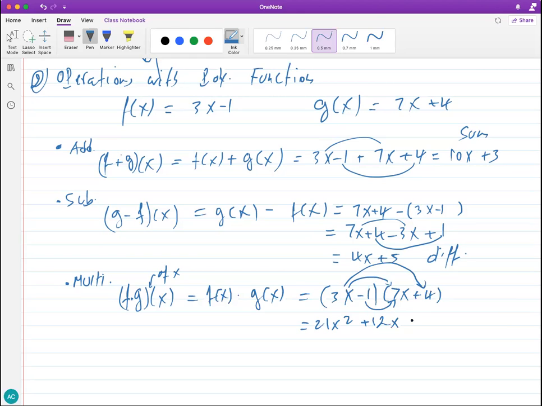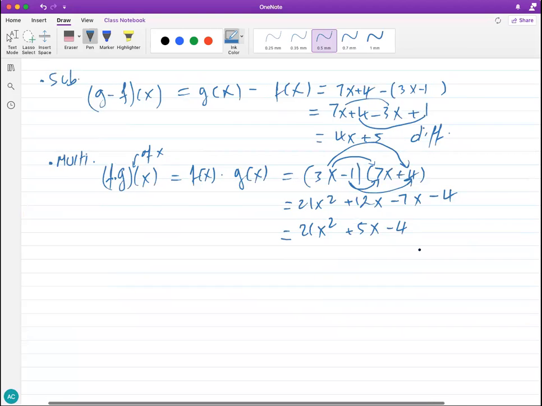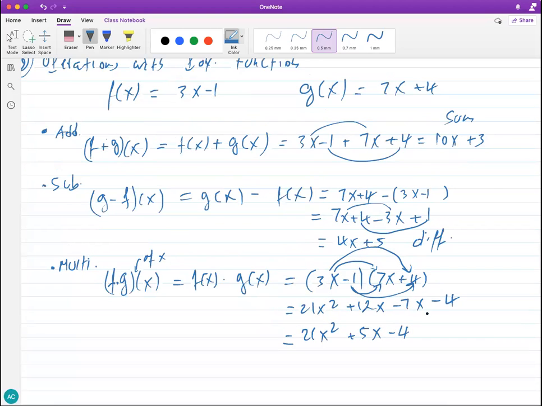Minus 7x, minus 4. Combine any like terms. What do we combine? 12x minus 7x, that would be plus 5x. Minus 4. Okay, that's all the operations.